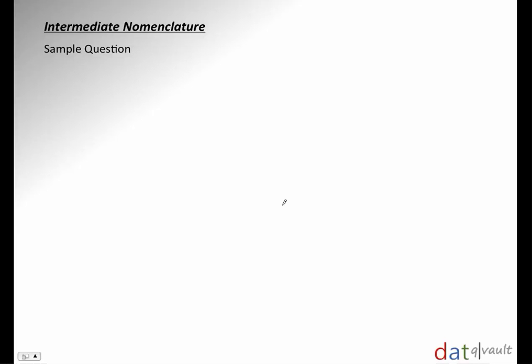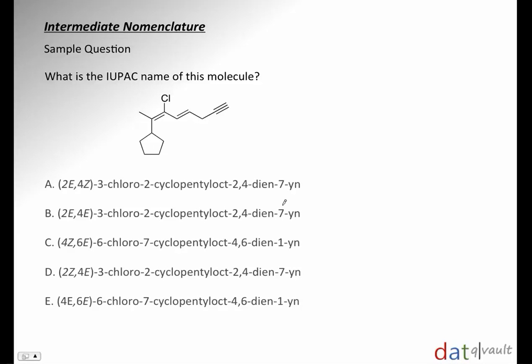Alright, let's look at one more sample question similar to one we will see on the DAT. In this question, we want to know what the IUPAC name is of this pretty complicated molecule. So I'll give you the answers and try your best to solve the problem, and then we'll come back and actually solve it together.